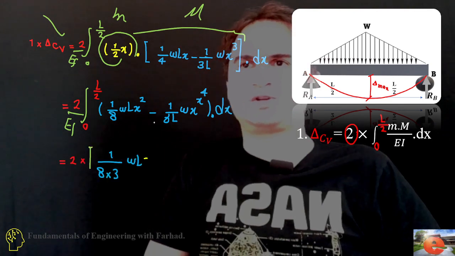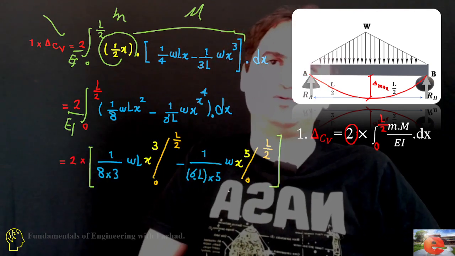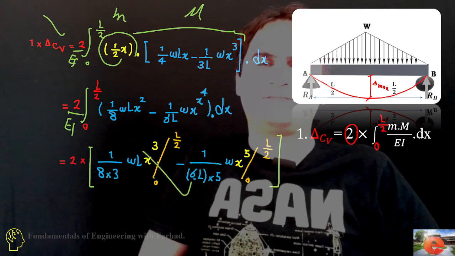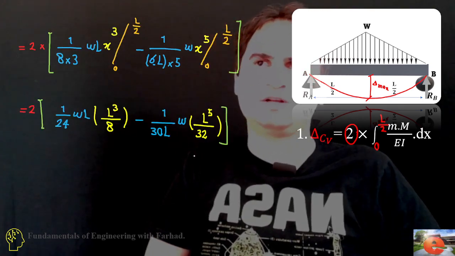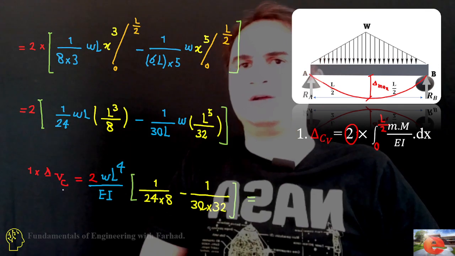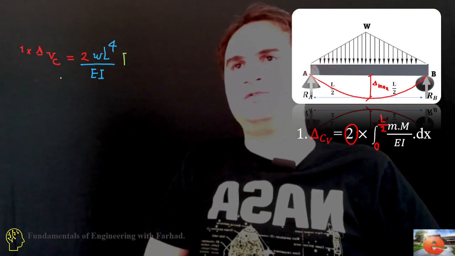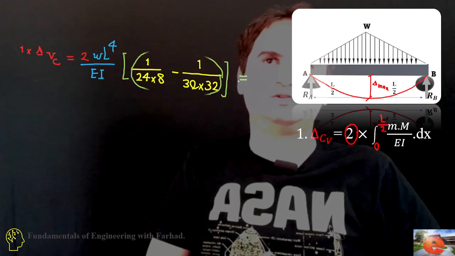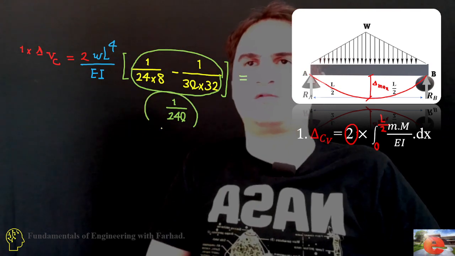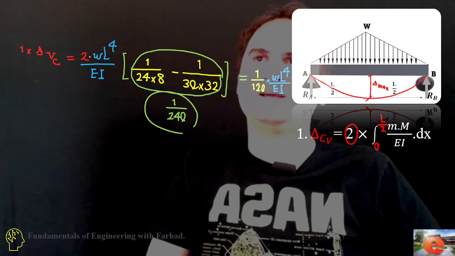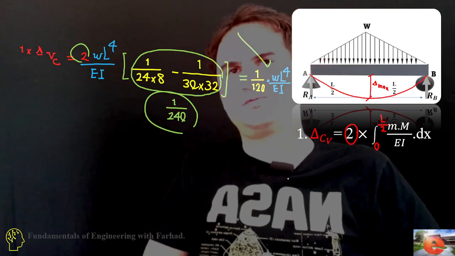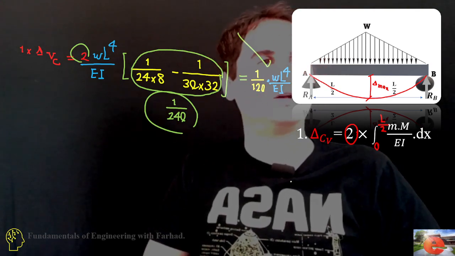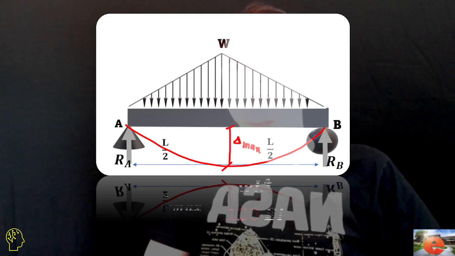Simplifying the integration gives a numeric value of 1 over 240, and two of that gives 1 over 120 WL to the fourth over EI, which was exactly what we were looking for.